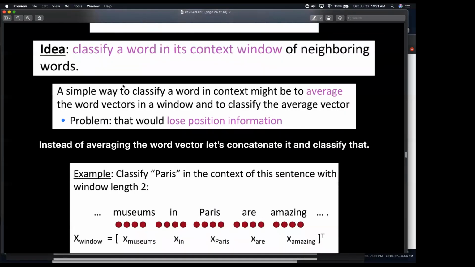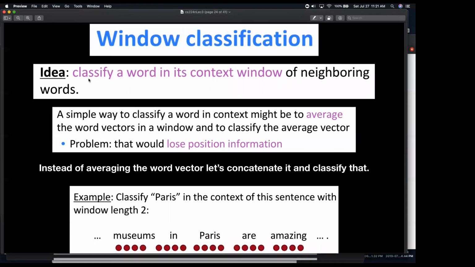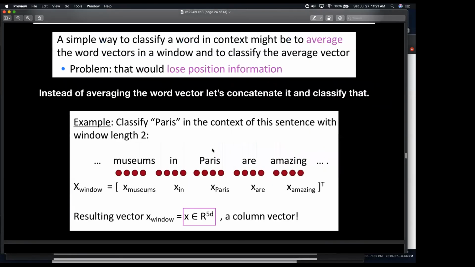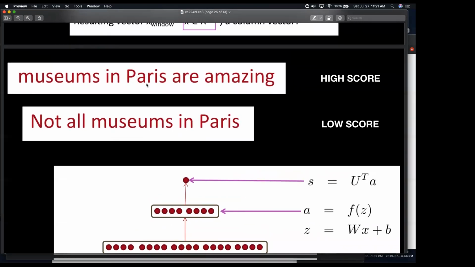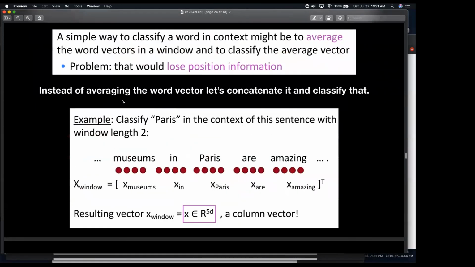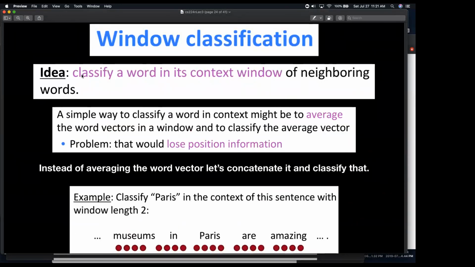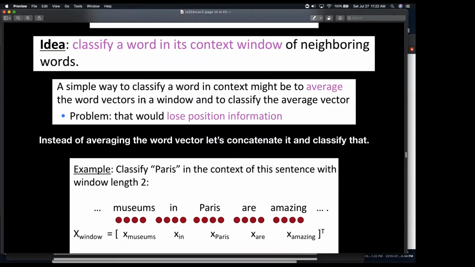So what you're trying to do right now is take this specific situation with a location entity in the middle of the sentence, in Paris, and this is what you're trying to predict. The idea is you want to classify this word based on whatever the context window is. We've already familiarized ourselves with context windows in terms of word2vec. You're looking at your neighboring words and making a decision.